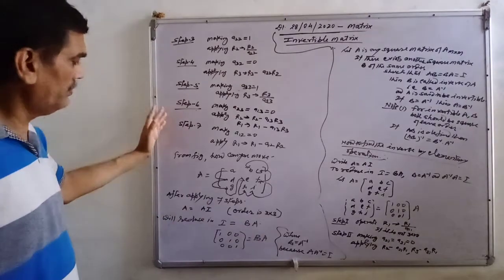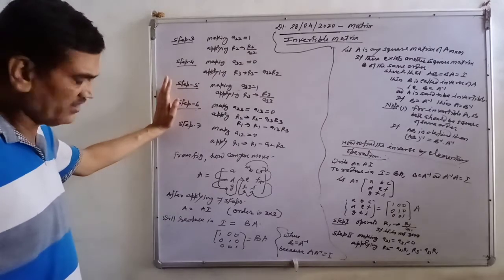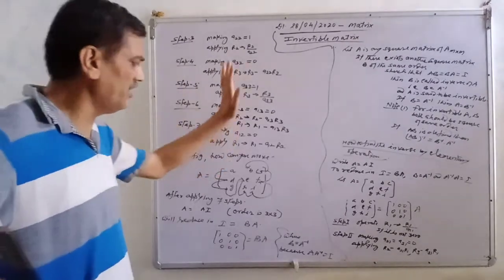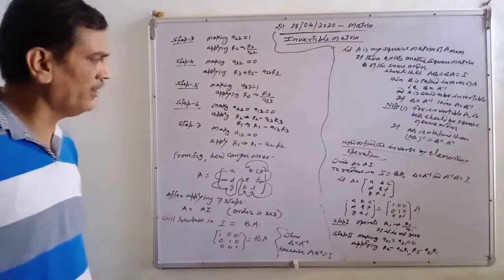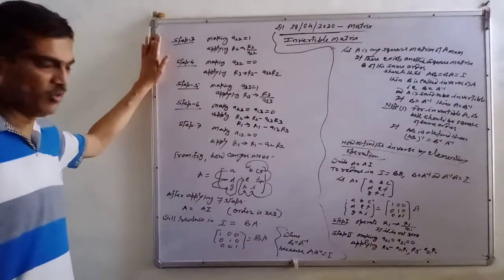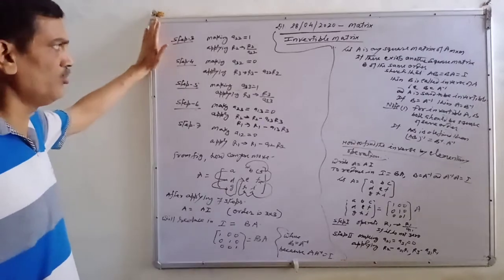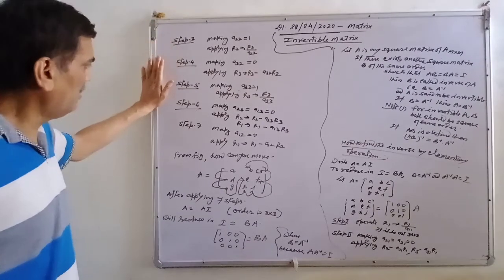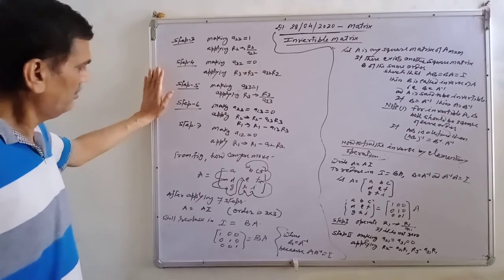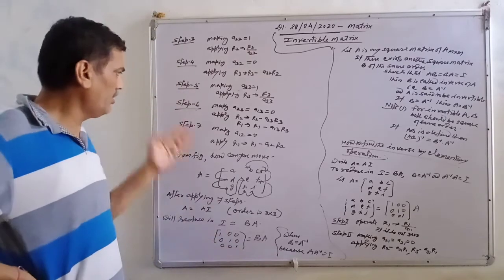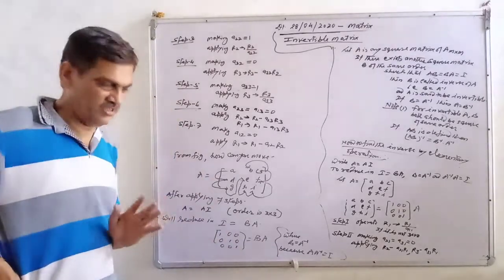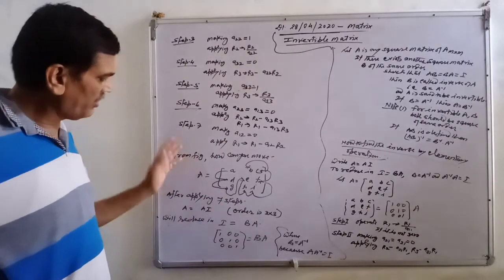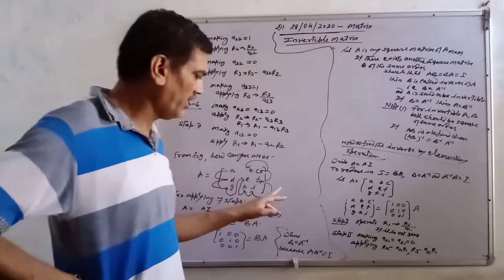Okay, from the example exercise problem you can easily understand, but here you have to remember these 7 steps for how to find the inverse of a square matrix. This is known as elementary operation. This is a lengthy procedure, but you can do it if you remember these 7 steps. Now tomorrow I will explain from an example how you can find the inverse.